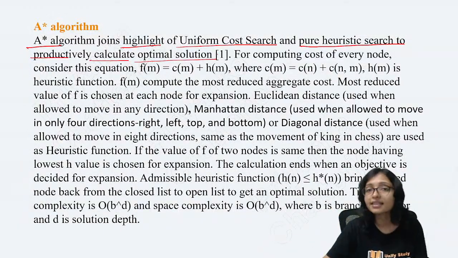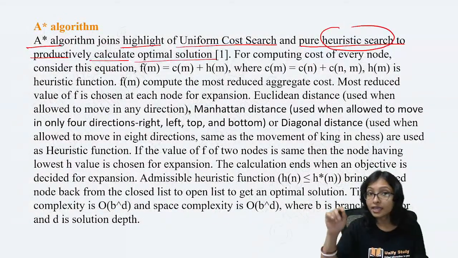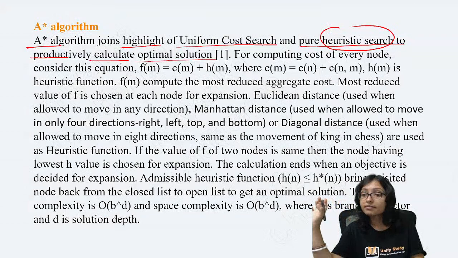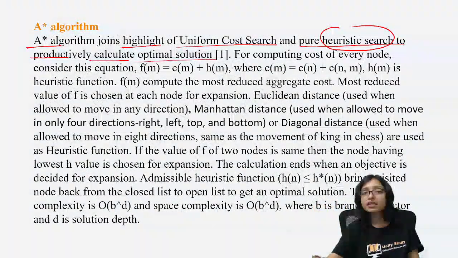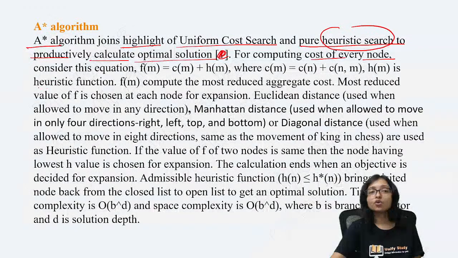Here the extra thing we are adding is the heuristic search. In the uniform cost model the heuristic value was not there. But here we are adding the heuristic value. Here we will add the heuristic value for computing the cost in every node. Here is F(n) equals G(n) plus H(n). That we did, right? H(n) is the heuristic value. So the extra addition is here.